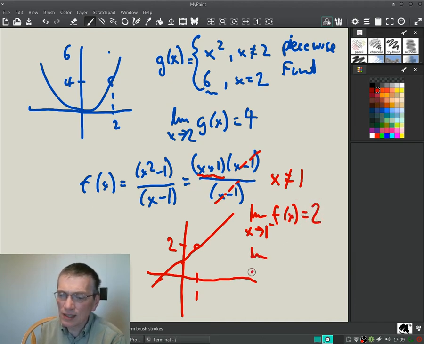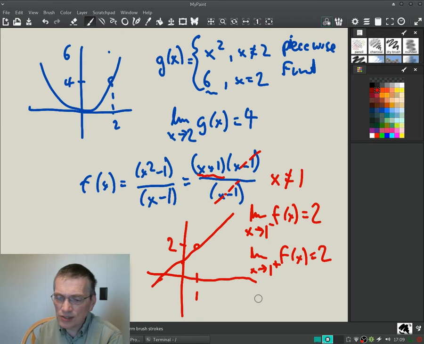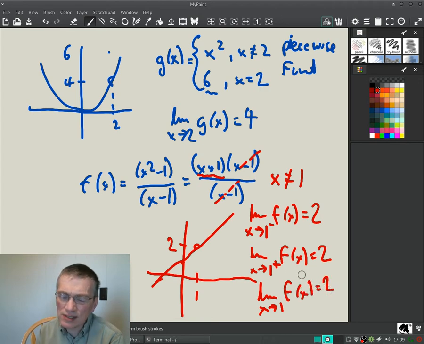The limit as x goes to 1 from the plus side of f of x is also equal to 2. Even though we can't have this value at 1, these two match, and this is a nicely behaved function, so we say the limit as x goes to 1 of f of x equals 2. So these things will come in handy very late on. They're the bread and butter of calculus.